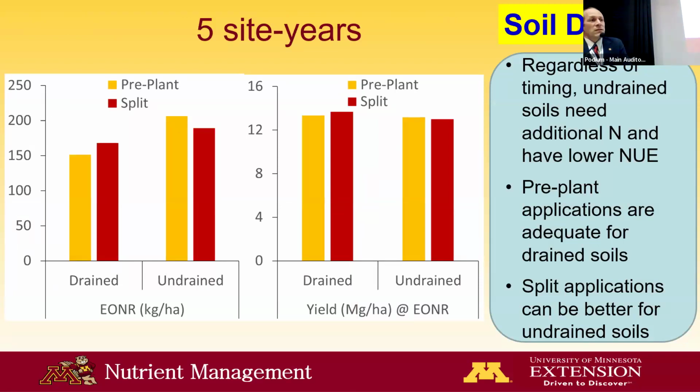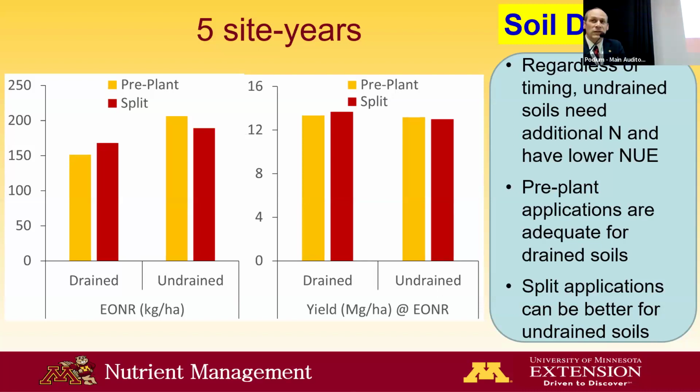We found that consistently the undrained soils needed more nitrogen to produce the economic optimum yield and had lower nitrogen use efficiency, which is telling me that on a relative basis, we lose more nitrogen through denitrification in this system than we do when we tile drain and lose some nitrogen through leaching.